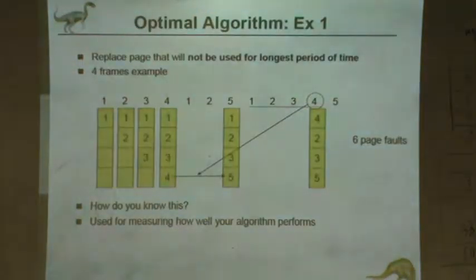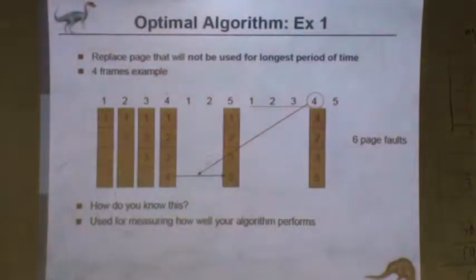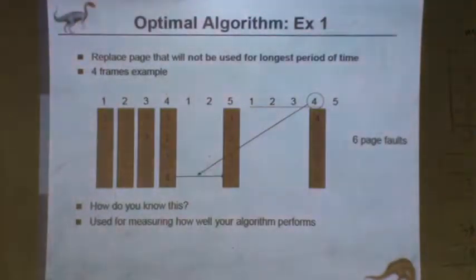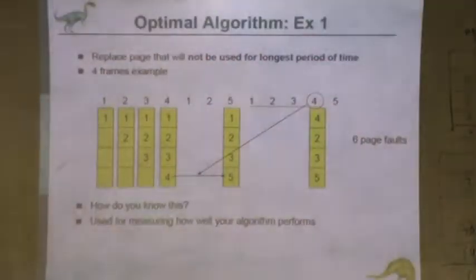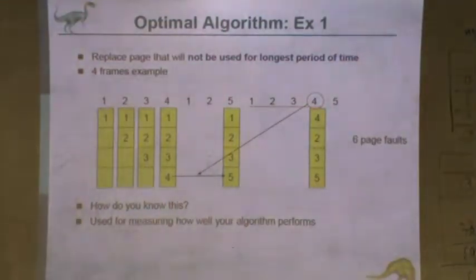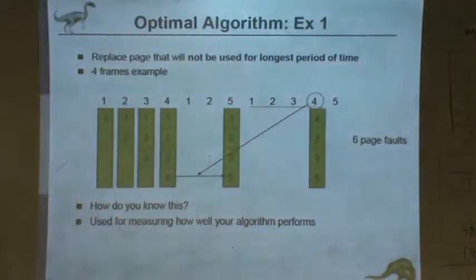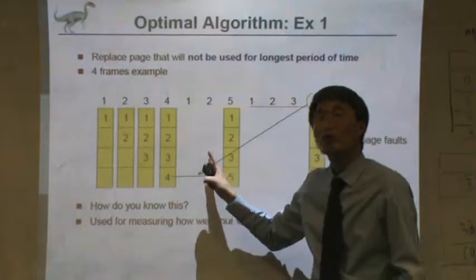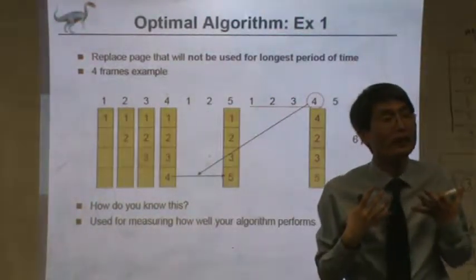And second is optimal. Optimal means, what is the optimal case to select the victim? If the page is no longer used in the future, that will be the best one, right? If the page will be used soon, we'd better keep it, right?